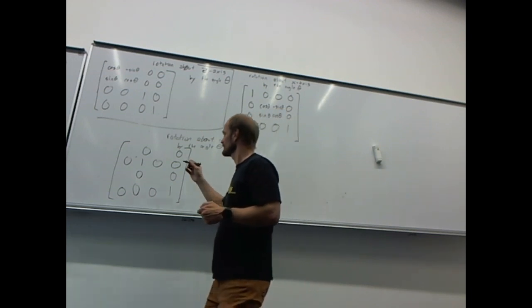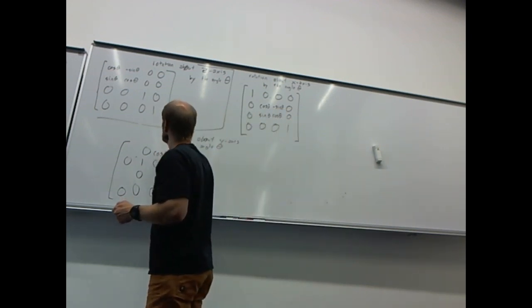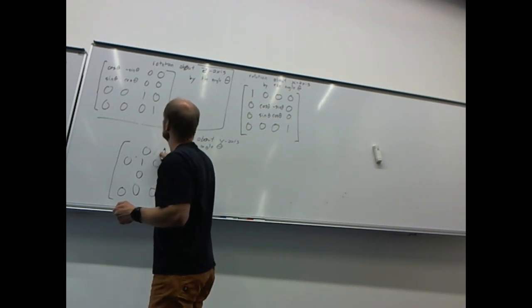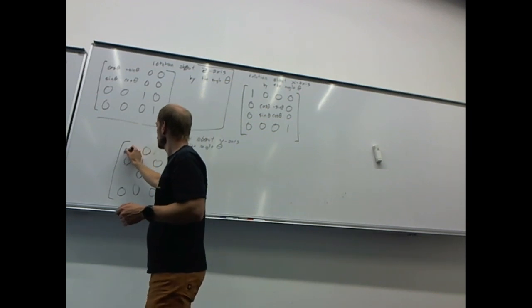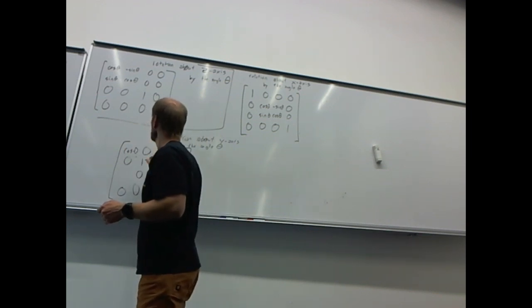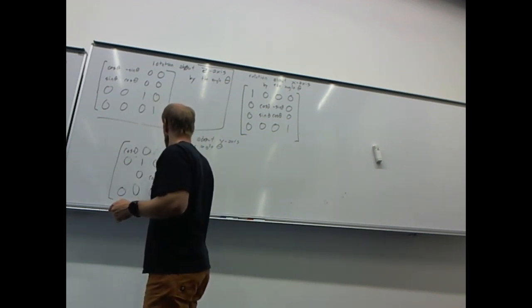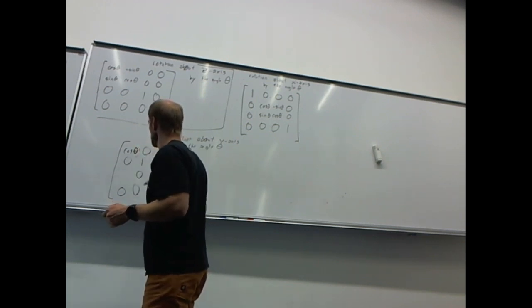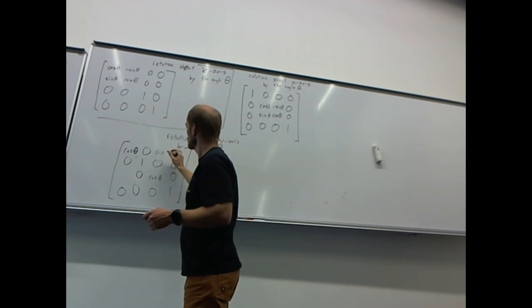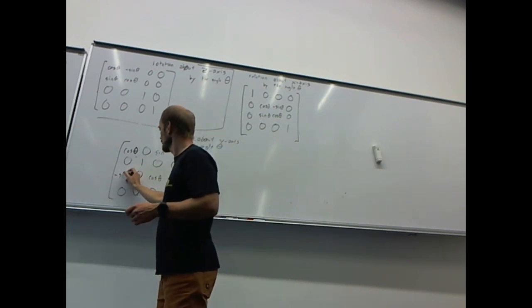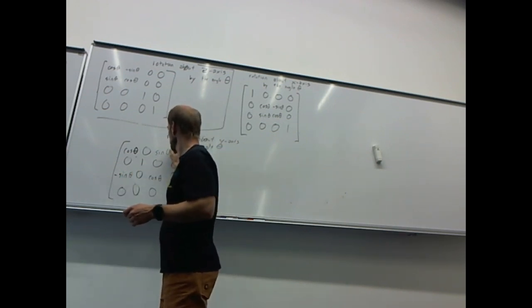Setup. So we have cosine here, cosine here, and cosine here. Sine here, minus sine here.